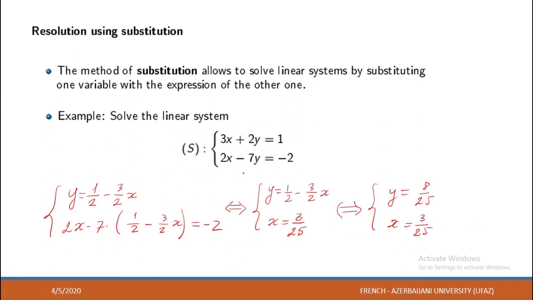Then the solution of this linear system will be an ordered pair, 3 over 25, 8 over 25. That's all.